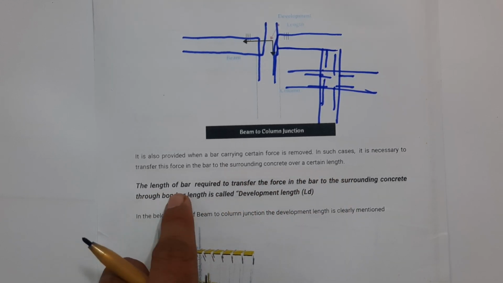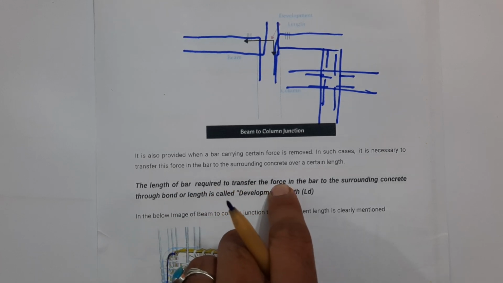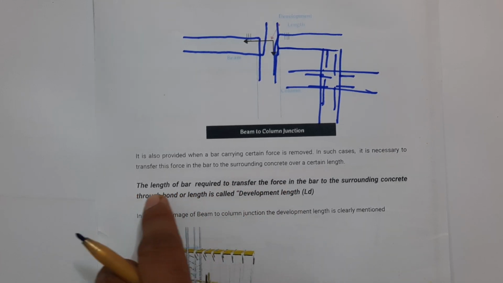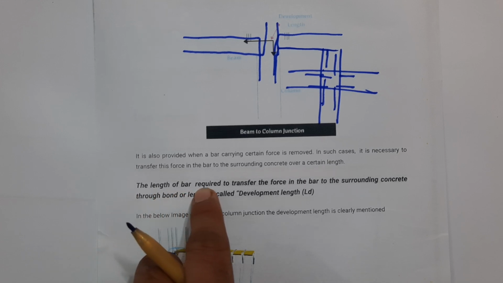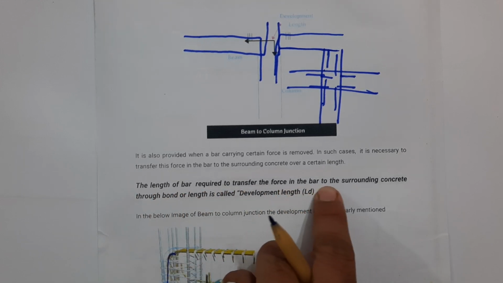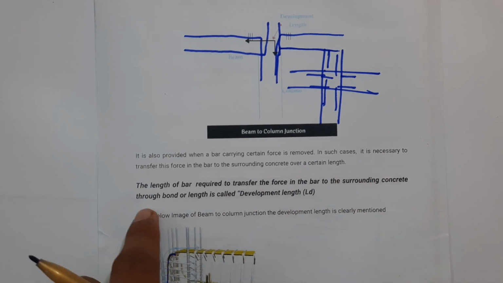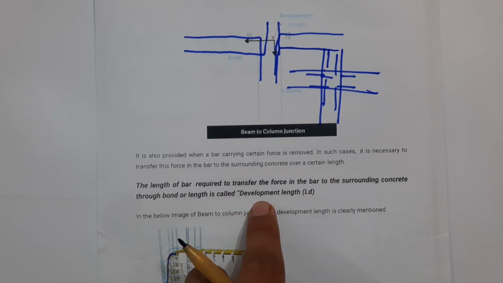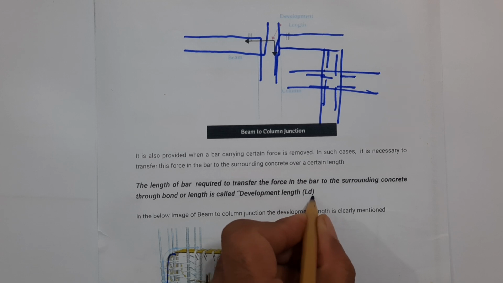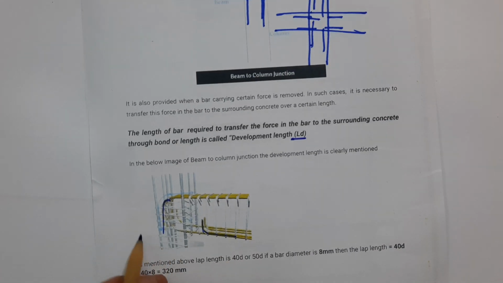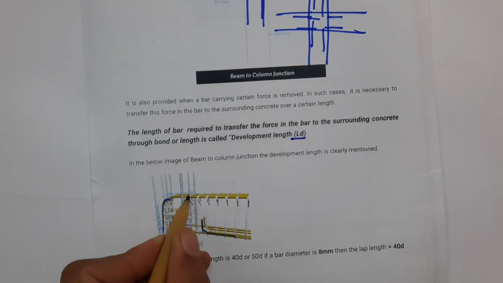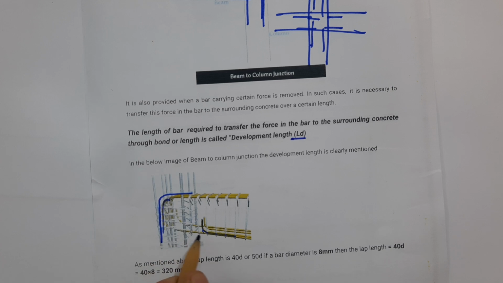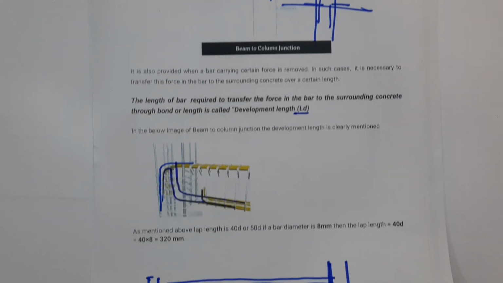The length of bar required to transfer the force to the surrounding concrete through bond is called development length, which is denoted by LD, right? In the image, you can see the steel rod going to the downward side and the downward side going to the upward side. So it can make a good bond.